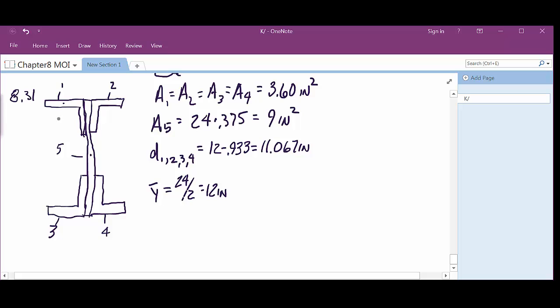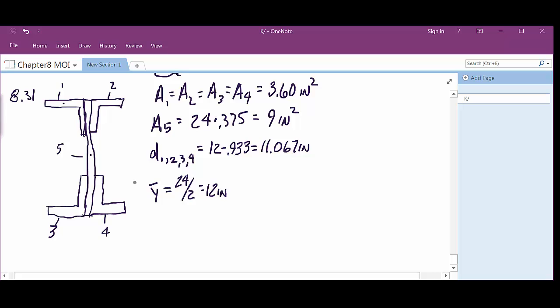The area is given. It's in that same chart. 24 times 375. That's just given in the dimensions. Okay, so 11.067. That's the same whether it's on plate 1, 2, 3, or 4. Some are up and some are down. Doesn't matter.